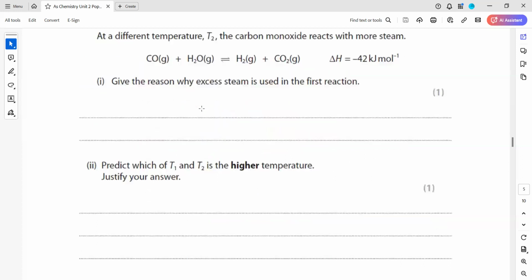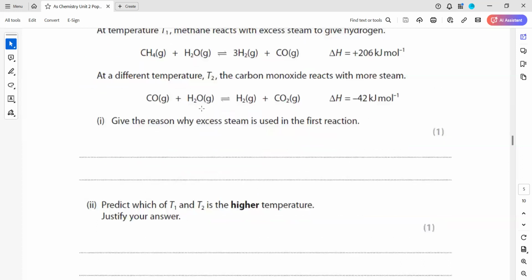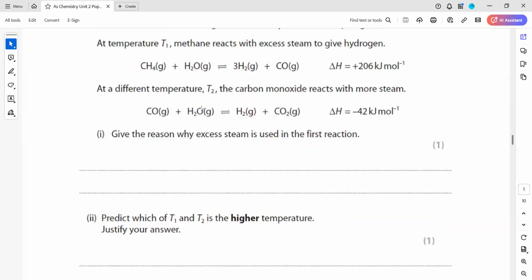Predict which of T1 or T2 is a higher temperature and justify your answer. Look, of these reactions, this one is endothermic and this one is exothermic. If we want to shift the equilibrium toward the right-hand side to get more product, an endothermic reaction prefers high temperature, an increase in temperature, so that the equilibrium shifts toward the right.